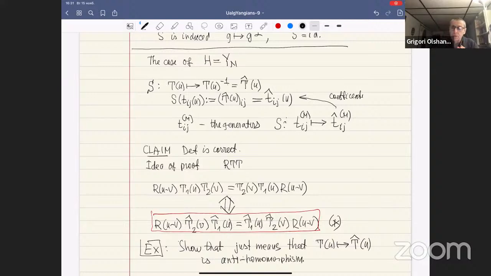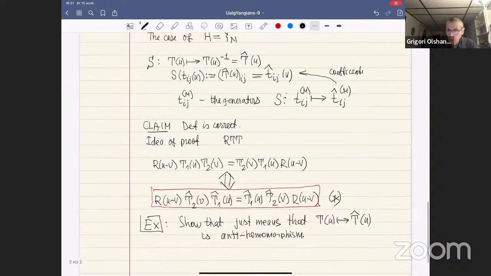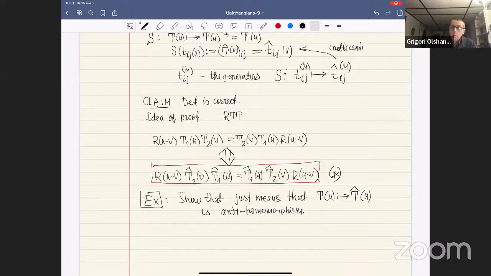This requires a little work. So I propose to check this in detail, at least on the level of this generating series.